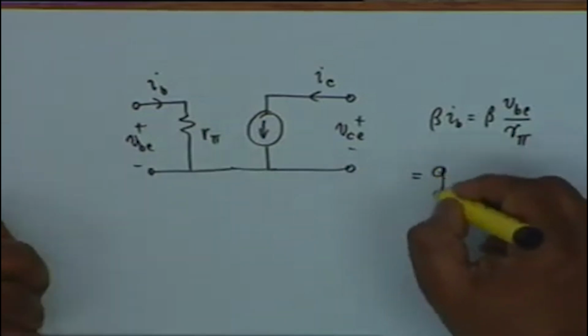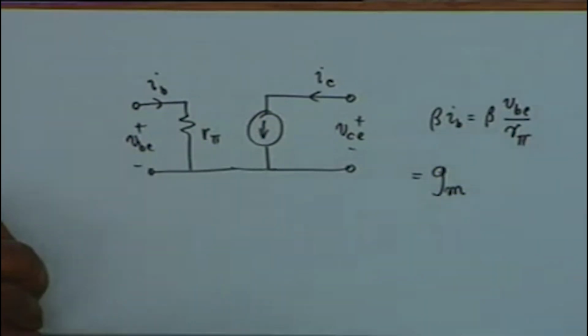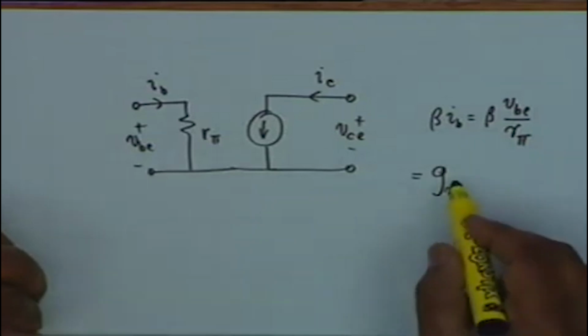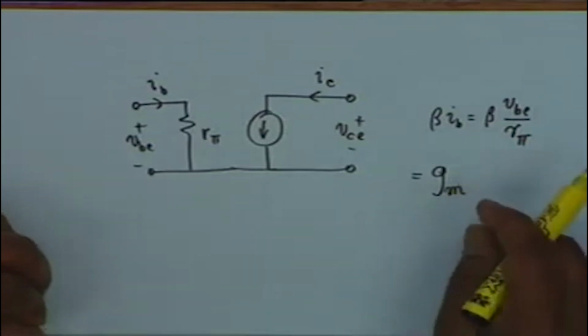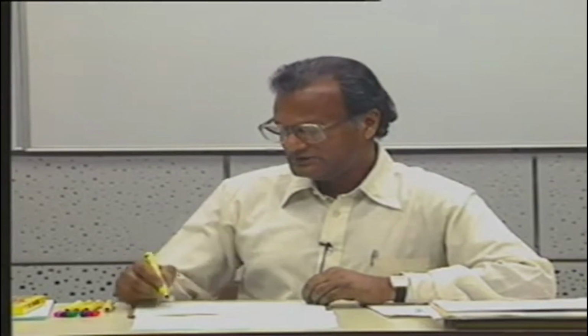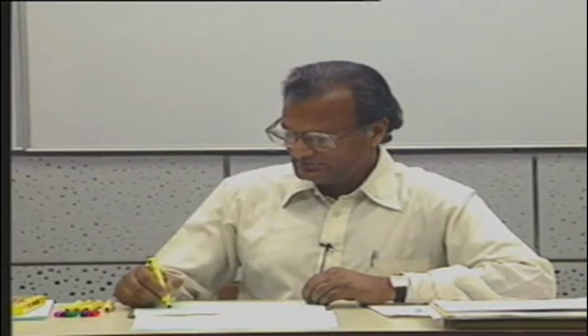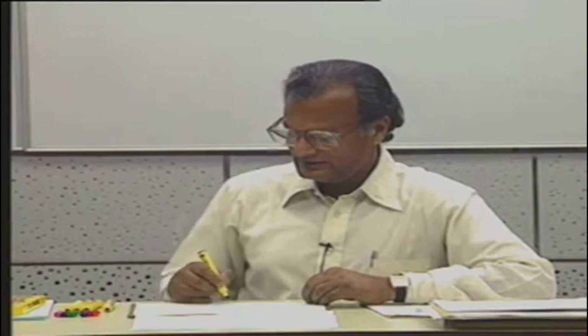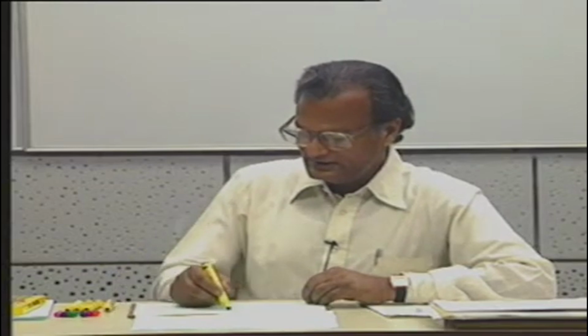Conductance, and therefore I represent it by GM. GM stands for transconductance or transfer conductance. It is transfer because I represent this as GM VBE. This is a current generator which can be represented by GM VBE.